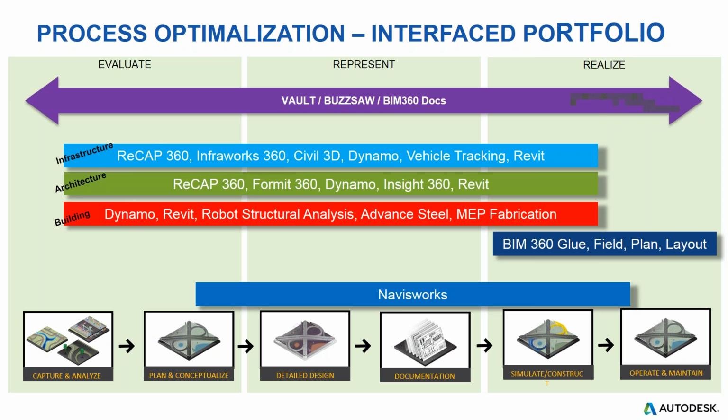So Autodesk has a very wide portfolio, and we can cover the infrastructure part of the task, the architecture part of the task, and the building part of the task.